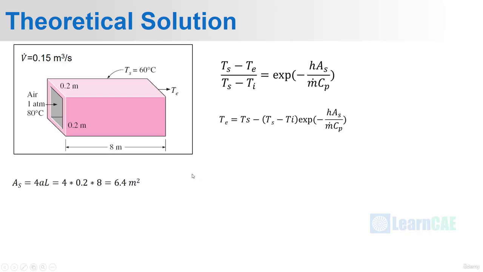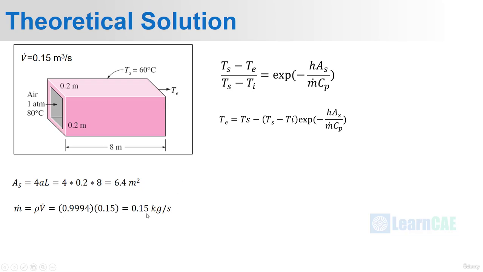As is equal to the outer surface area, which is nothing but perimeter into length. Here the perimeter is 4a, that is 4 into 0.2 into length 8 meter, which is equal to 6.4 meter square. Next we can calculate the mass flow rate by multiplying density with the volume flow rate. Here the density is 0.9994 multiplied by volume flow rate, that is 0.15.